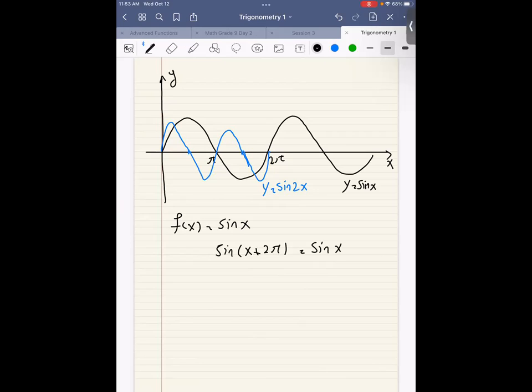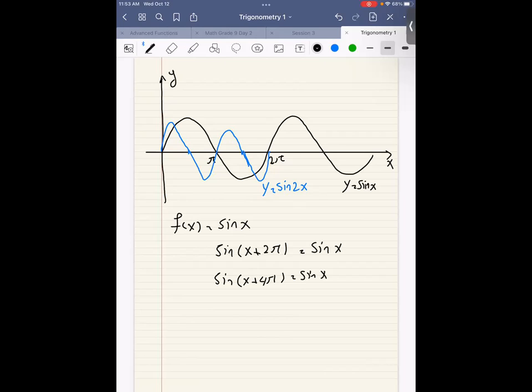Because we also know that sine of x plus 4 pi is also equal to sine of x, but 2 pi is the smallest period. That's why it's called the principal period. So the principal period for sine and also cosine is 2 pi.